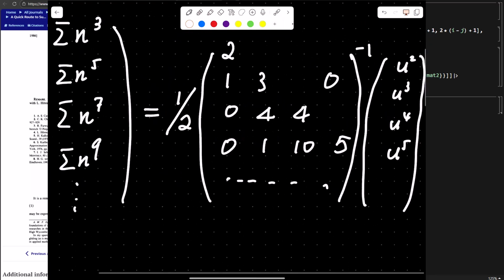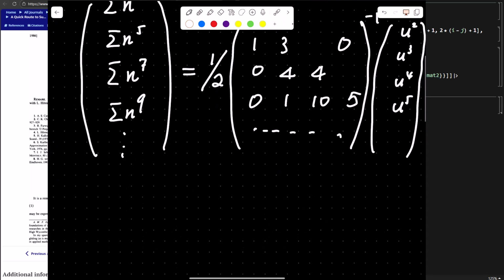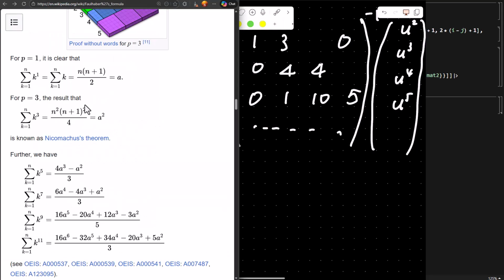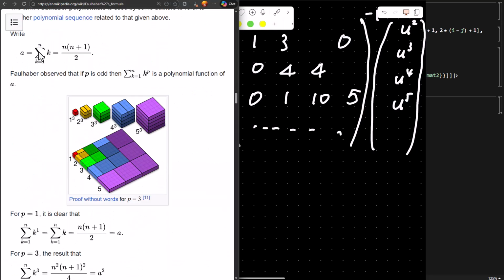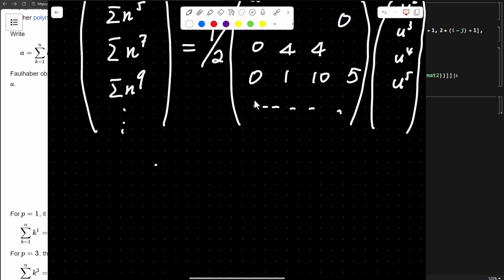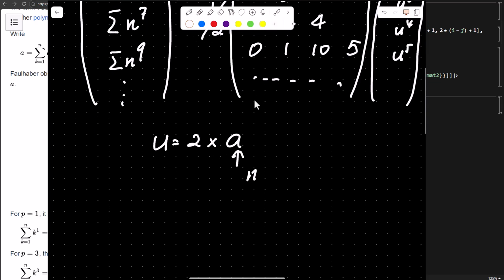Okay, and u here is simply 2 times A. Here A is m times m plus 1 over 2.